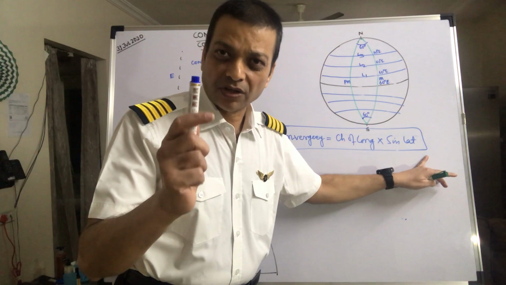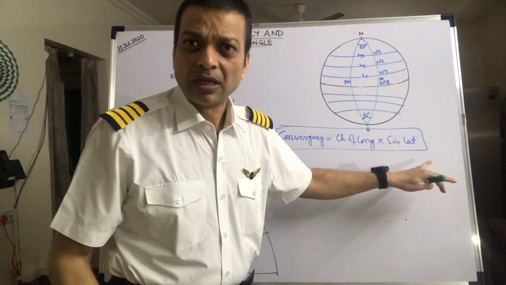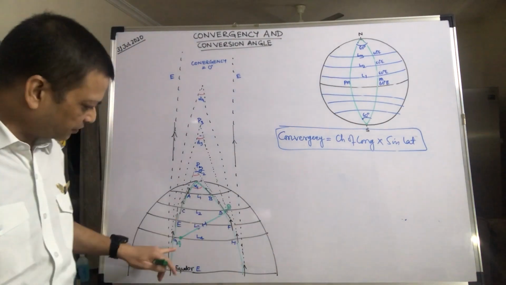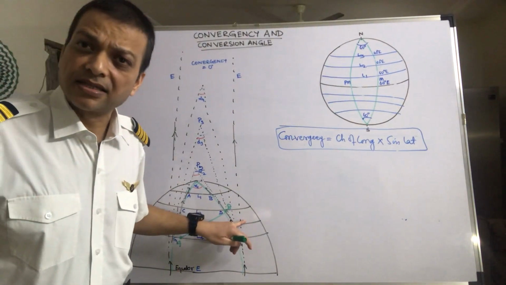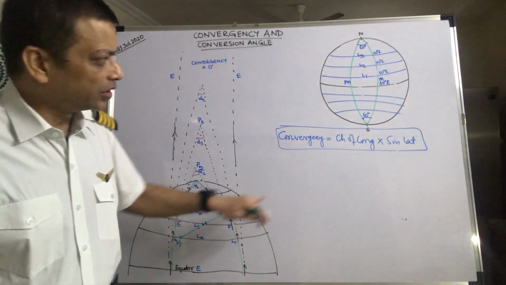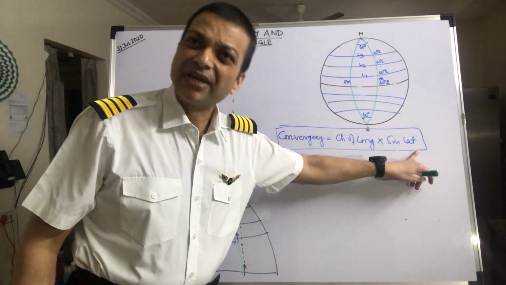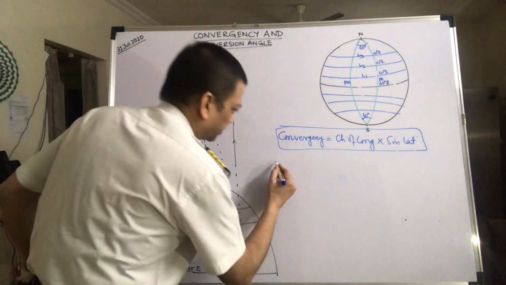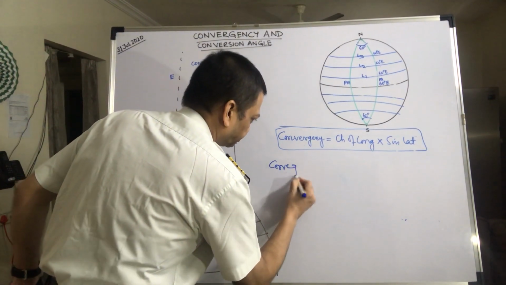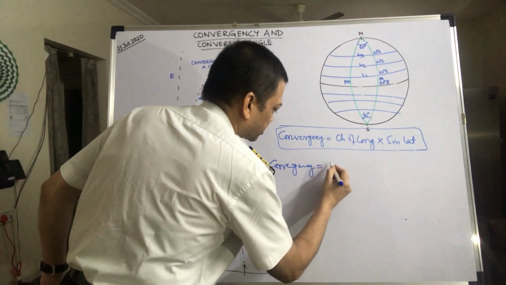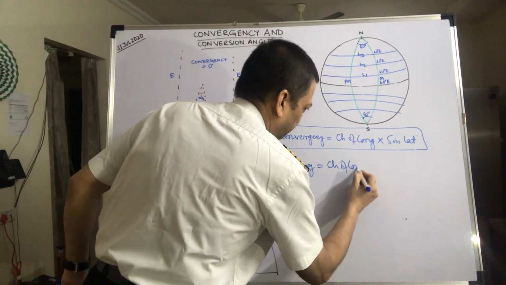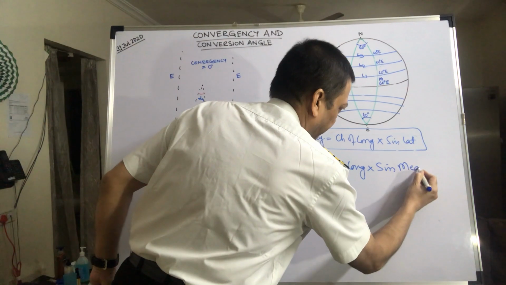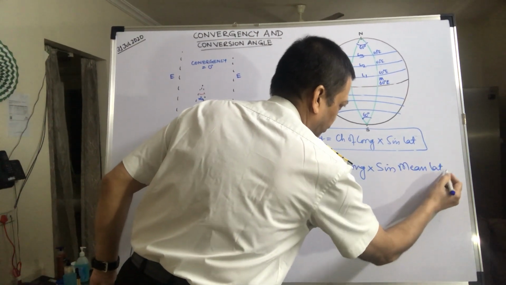It is because for the one particular specific latitude, but here we are talking about a number of latitude. So therefore the first latitude and the last terminal point latitude. So therefore we have to take the mean of both the latitudes. Therefore the formula now becomes convergency is equal to change of longitude into sine of mean of latitudes.